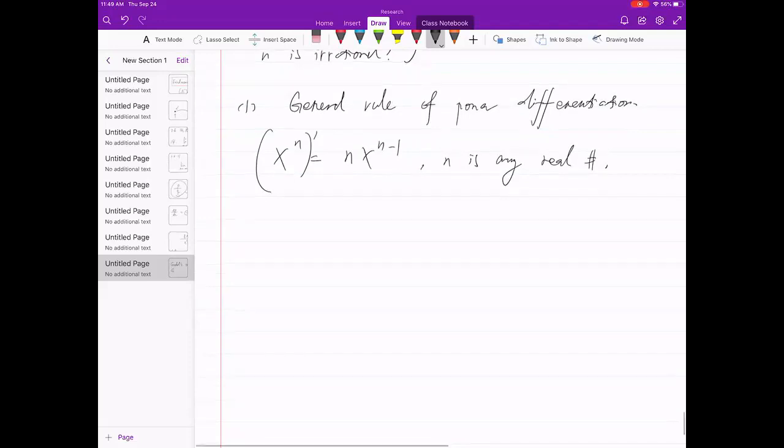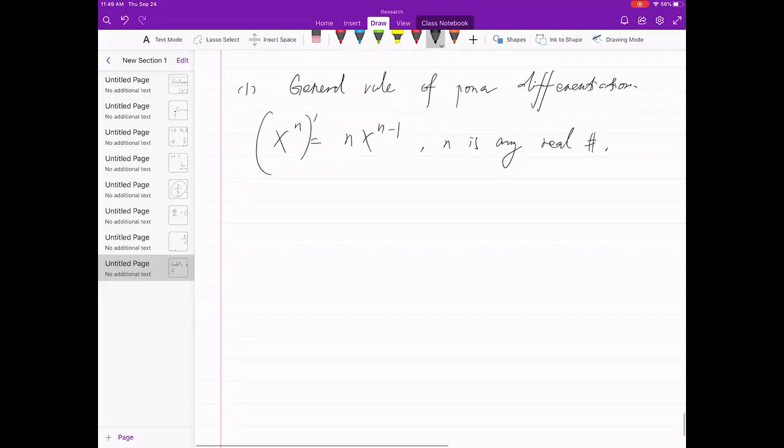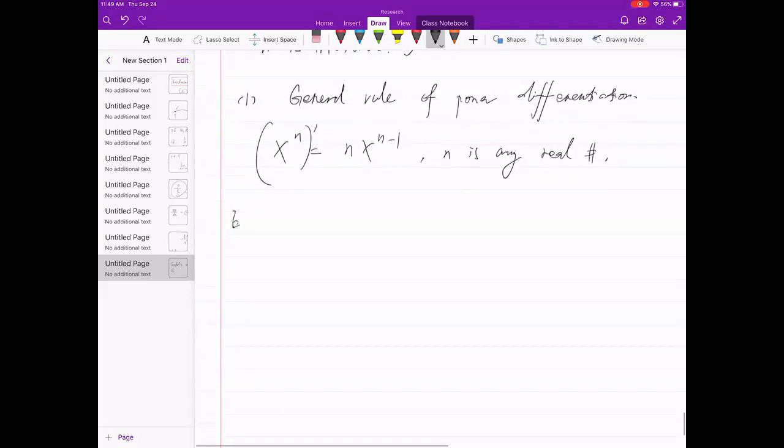Cool. Let's try to see some quick examples. What's the derivative of x squared? No difference quotient, no limit. It's n x to the n minus 1. So it's 2x.